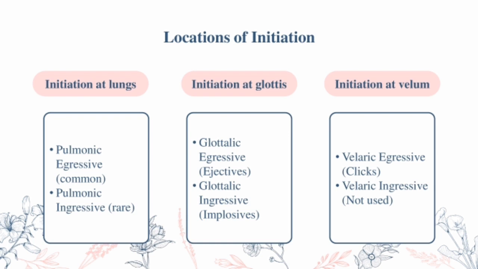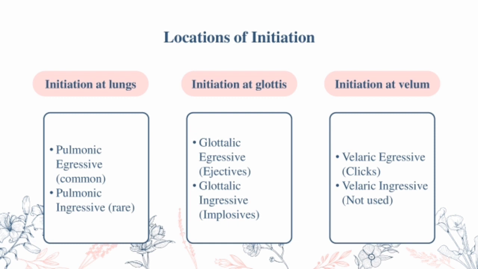The next is location of initiation. There are three kinds of initiation. The first is initiation at lungs. The kinds of initiation at lungs are pulmonic egressive or common and pulmonic ingressive or rare.